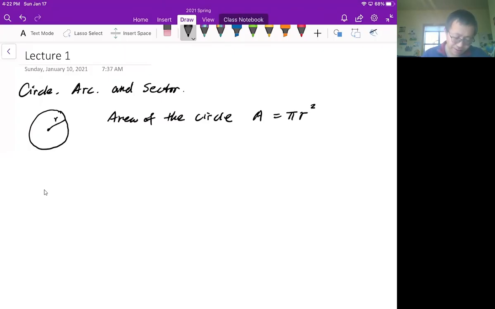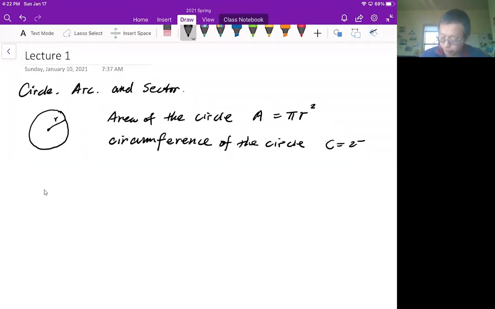And then I can define the circumference of the circle. The circumference of the circle, which is C, is equal to 2 pi r. I'm not going to prove that.